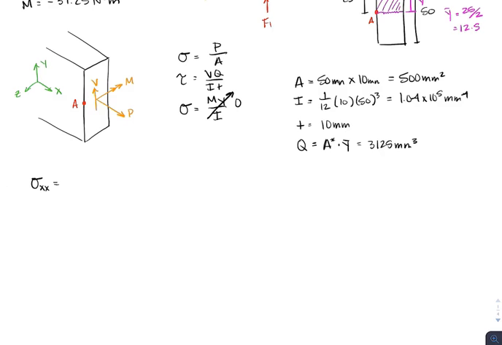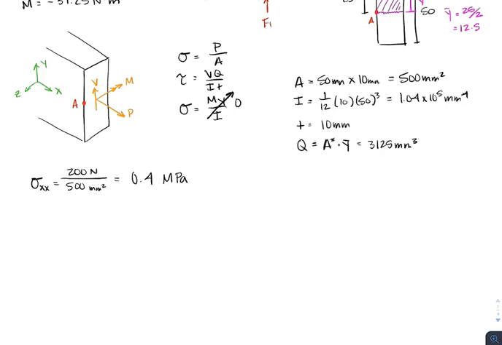That is equal to our axial force, which is 200 newtons, and it's positive because it's pointing outwards, which means the section is in tension, over our area, which is 500 millimeters squared. That gets us a value of 0.4 megapascals.